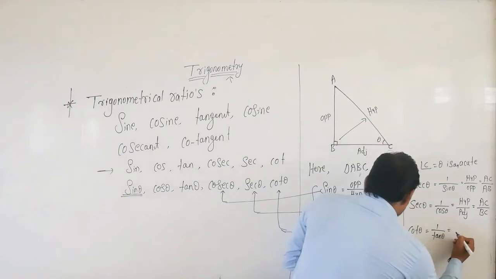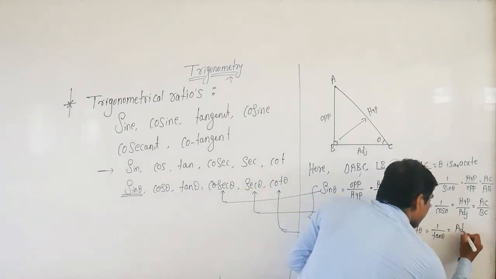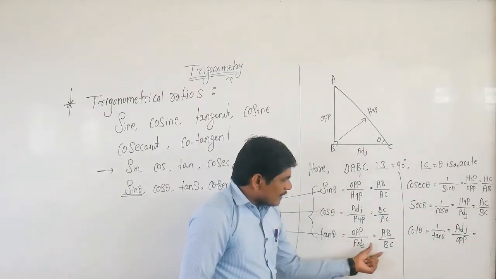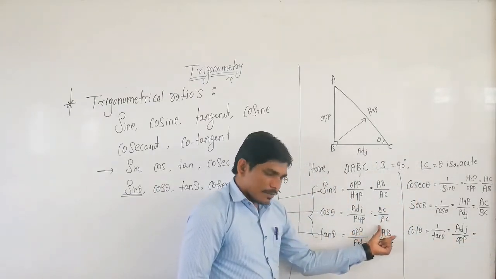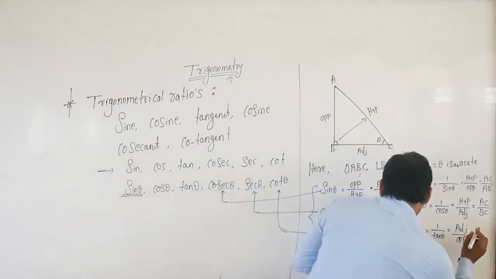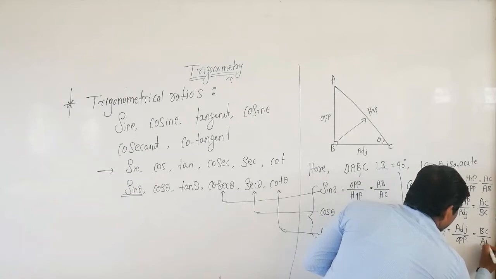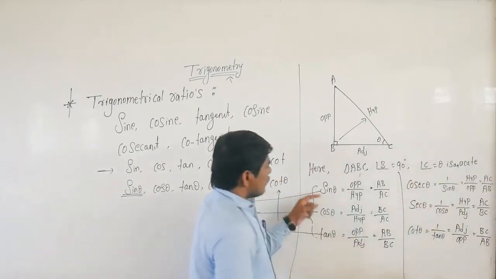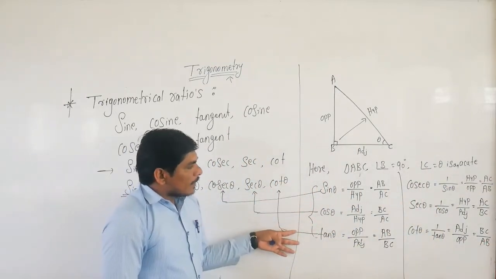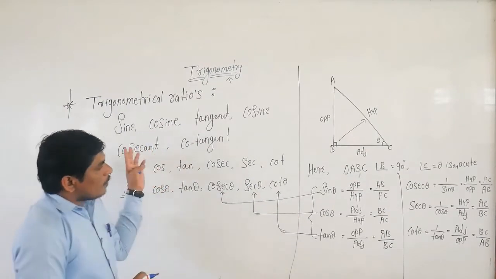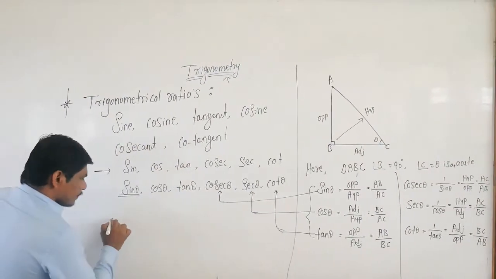Now the reciprocal form is adjacent by opposite. The adjacent side is BC and the opposite is AB, so you write it in the form of a reciprocal: BC by AB. Now these are very important for solving problems, that's why you have to concentrate on them.